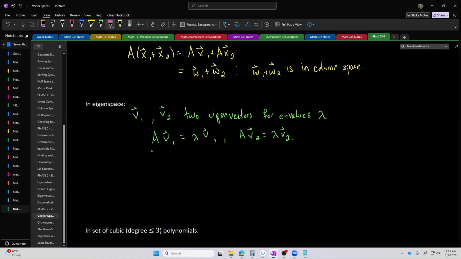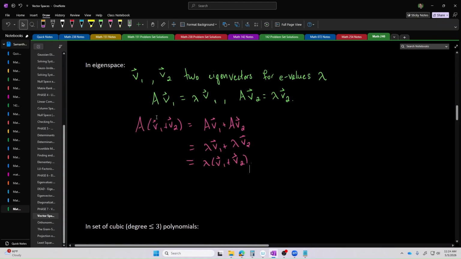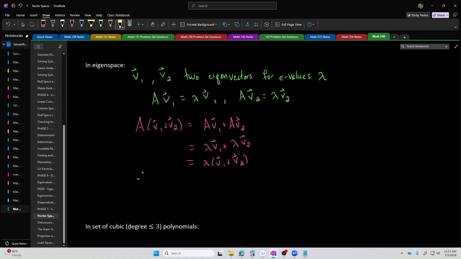If I distribute that matrix A to both pieces, then Av1 becomes lambda v1, Av2 becomes lambda v2, and then that lambda can be factored out. So the sum of these two vectors has the property that when you apply the matrix A to that sum, the result is lambda times that sum, and therefore the sum is also an eigenvector corresponding to lambda. The sum is also in the eigenspace for lambda.